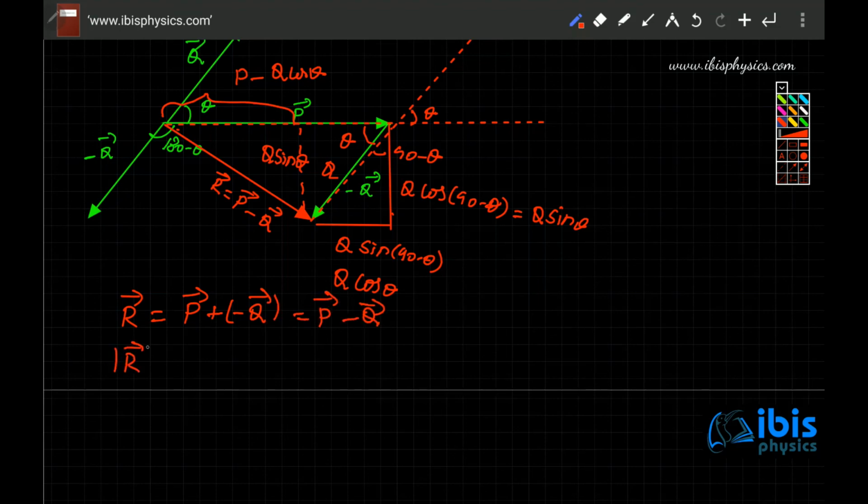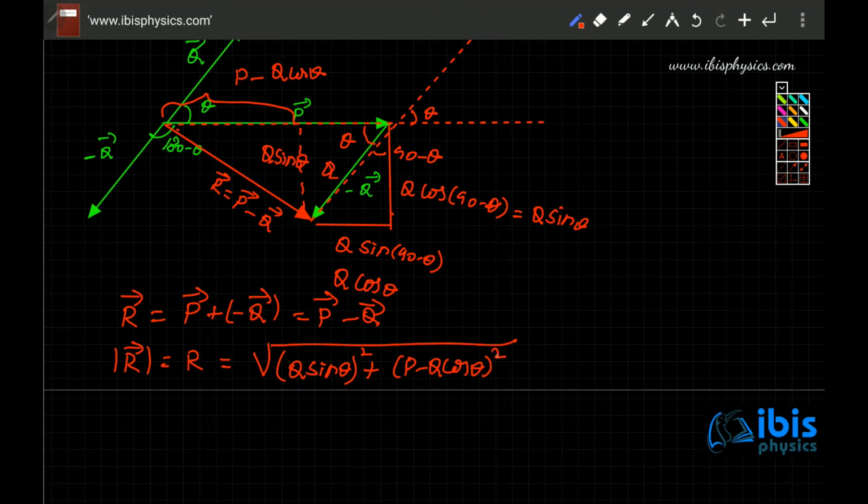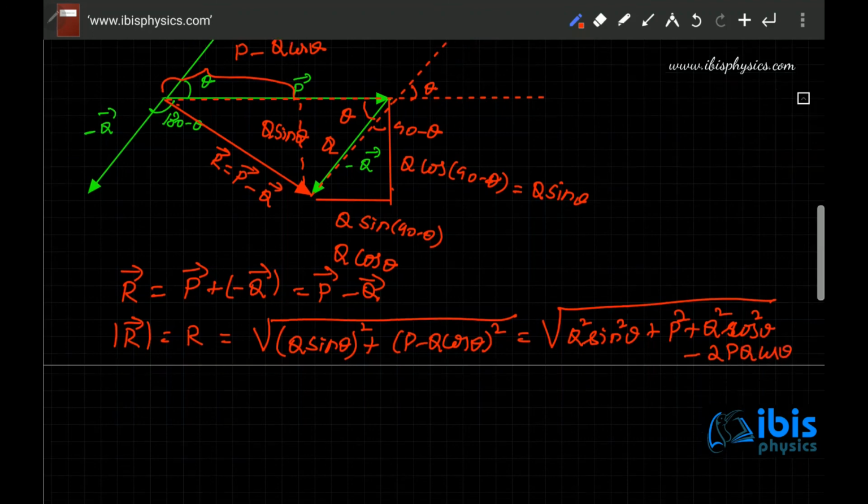The modulus of that r vector, or simply r, equals the square root of opposite side square plus adjacent side square. So that is q sine theta whole square plus p minus q cos theta whole square, that is equal to root over q square sine square theta plus a minus b whole square, that is a square plus b square minus 2pq cos theta.